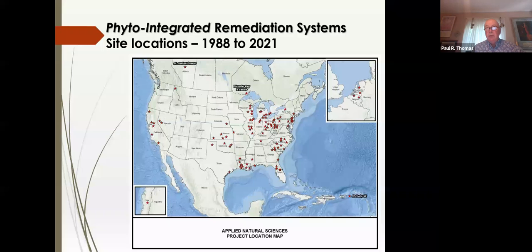Because of the heavy construction nature of our process, it's not as cheap as some people are hoping. So with the petrochemical business, especially the smaller companies, they're looking for something that's really inexpensive.